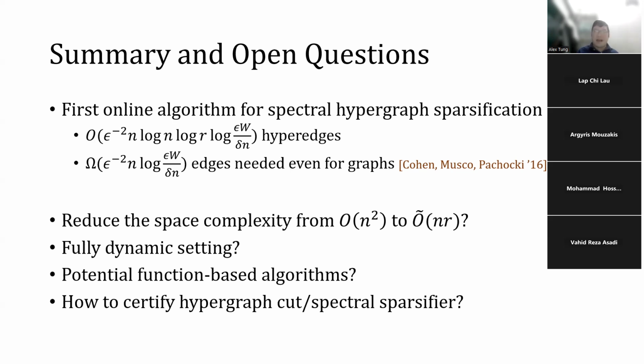But for hypergraph spectral sparsification, we don't know of an efficient way to check that the produced sparsifier is actually a sparsifier. So it's also nice to think about how to certify this.